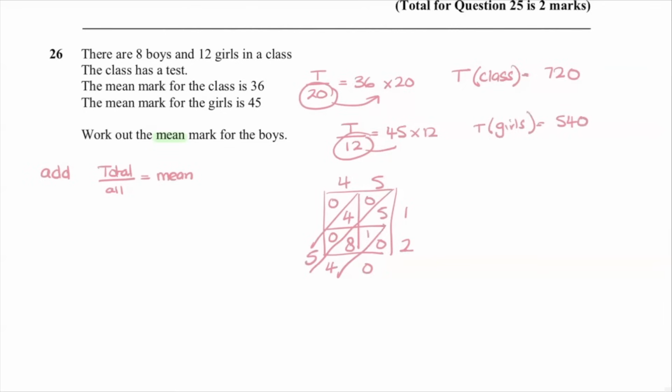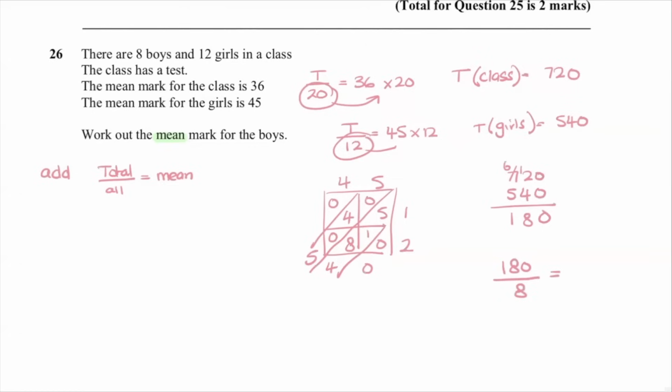Now, the reason that's significant is it means just by taking away the girls from the entire class, I can get the total for the boys. So 720 take away 540 will give us 180. So 180 divided by the number of boys is going to give us that answer.